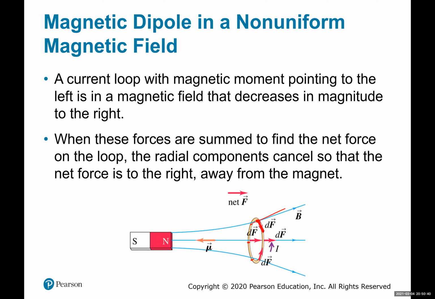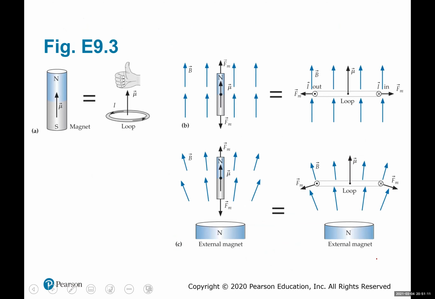All of the vertical components, all of the radial components cancel because everything's symmetric radially. But that extra bit along the x-axis, that doesn't cancel. And this particular current loop is pushed away from that bar magnet, which helps explain why refrigerator magnets stick to the refrigerator.